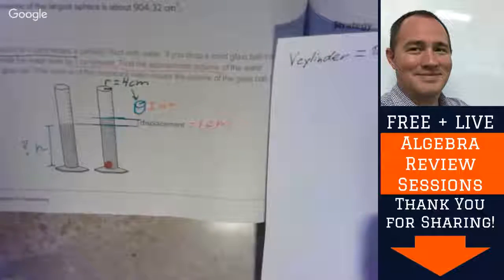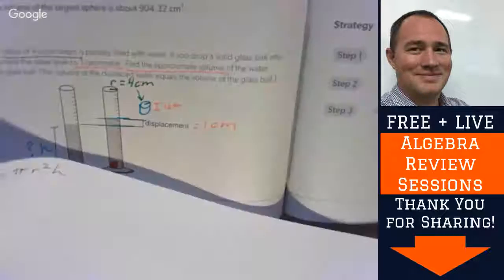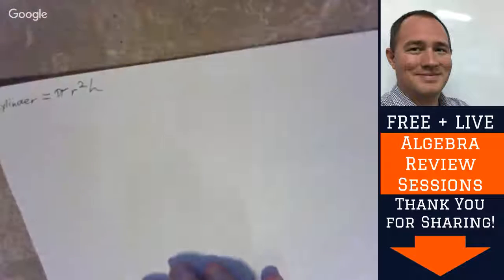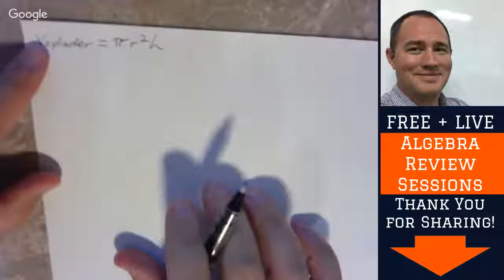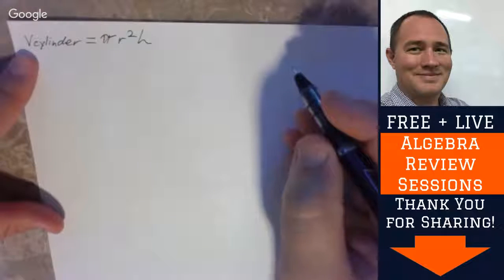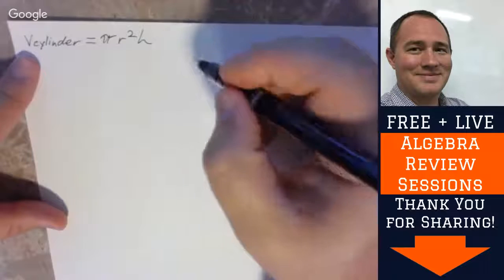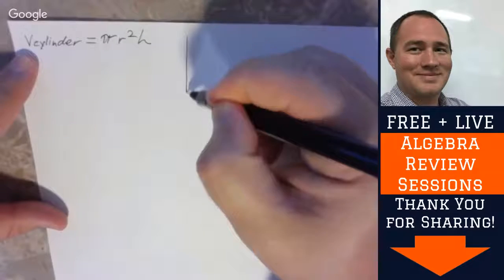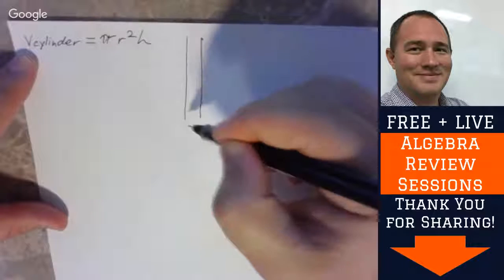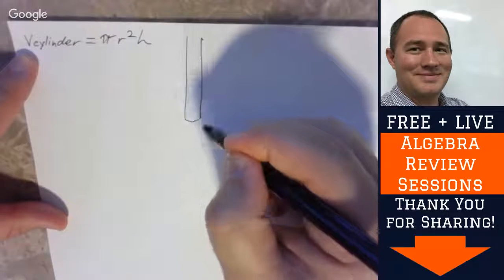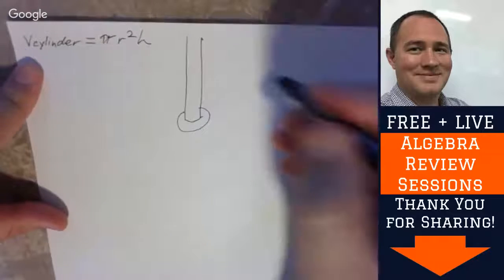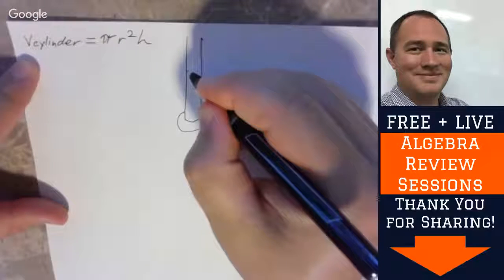I'm going to move this for just a second, and I'll rewrite the picture that we were looking at. So the displaced liquid, the change, as I'll say. If we picture this as the cylinder, the part that we're really concerned with was the change.